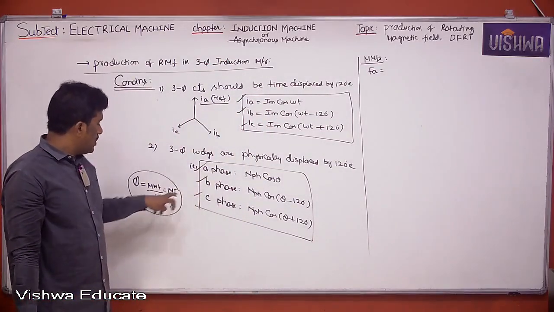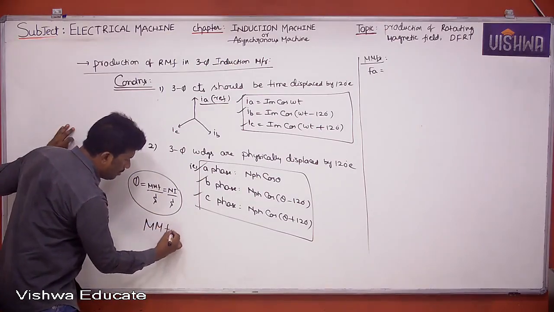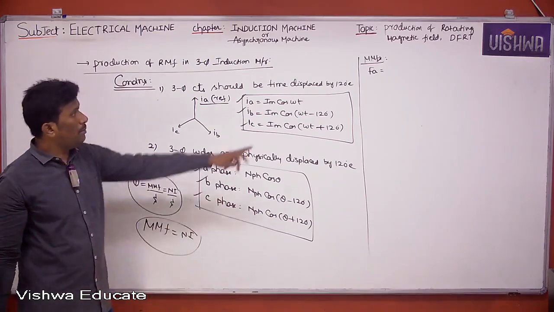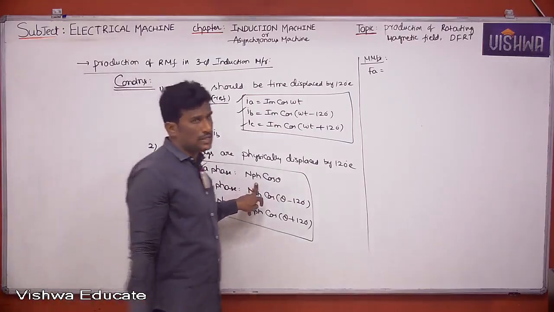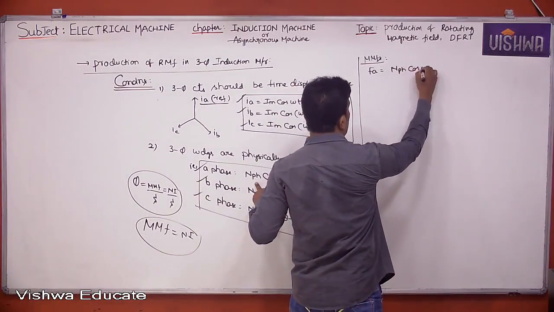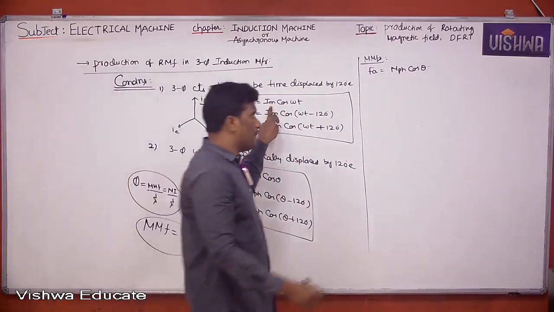So in A, now what is the formula for MMF? I told you already. MMF is equal to, let me write once again here, MMF equals number of turns into current. If you want MMF due to A phase, in A phase how many number of turns are there? N phase cos theta. Into what is the current in A phase? Im cos omega t.